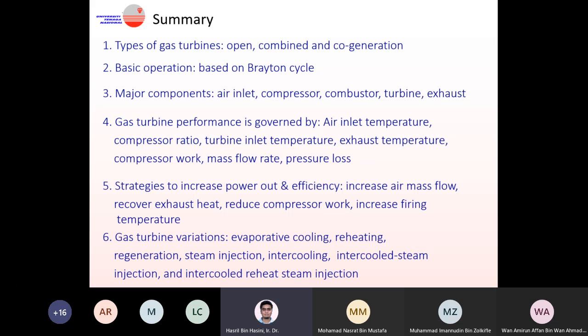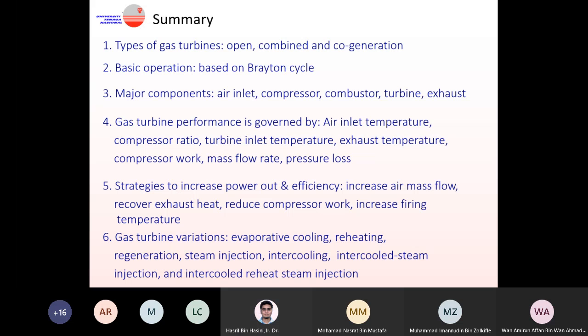So we have a combined cycle efficiency maximum reported so far around 62%, which is very, very high as compared to the coal power plant, or as compared to the single open cycle gas turbine plant. Right, that would summarize the topic on gas turbine here.